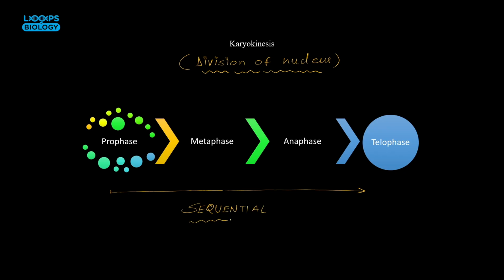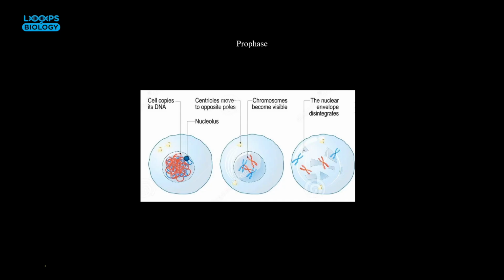There is no sequence breaking for any of these phases. First of all, the prophase has to take place, then metaphase, then anaphase, and finally the telophase is going to occur. So let's see sequence wise what these phases are.